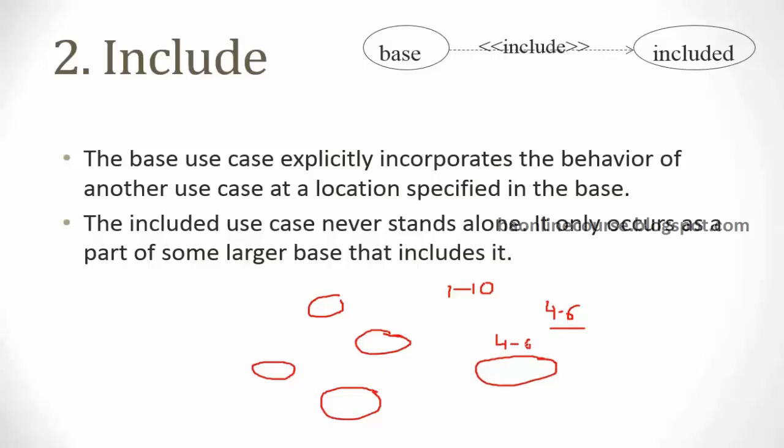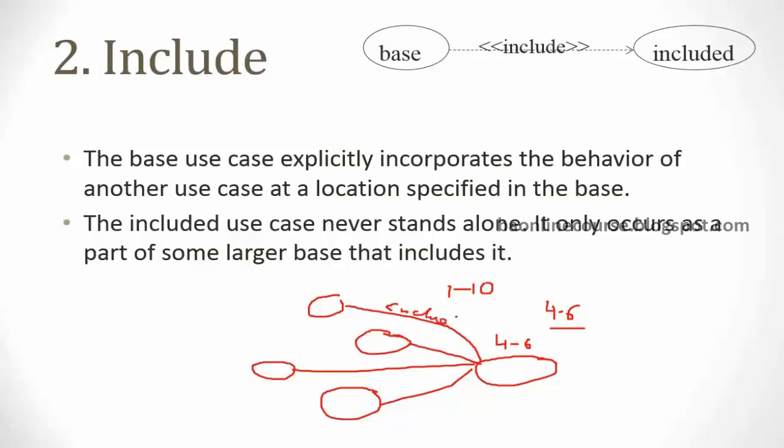Right? So some common behavior, if you have it across unrelated use cases, you will pull that out and then include it. You're just saying that this is a common behavior across 4 different use cases. So rather than explain it in all these 4, you're pulling it out and creating a separate use case. And then you'll just include it.